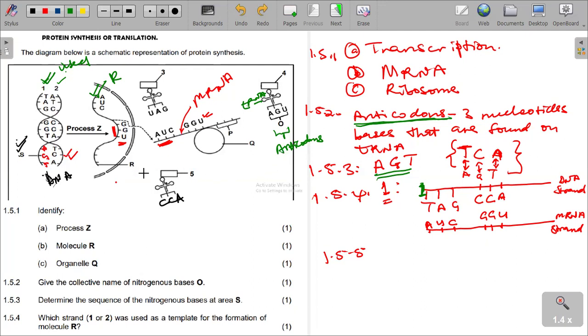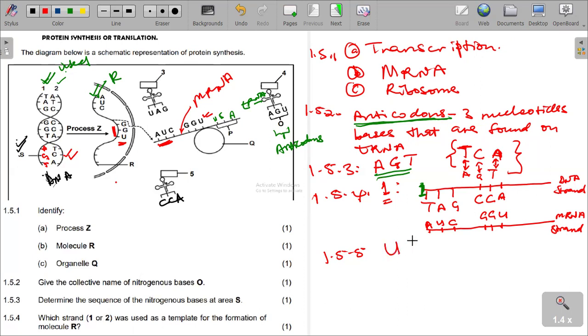So our complementary bases must be U, because it has U there, then C, and then A. The complementary bases on area P must be UCA.